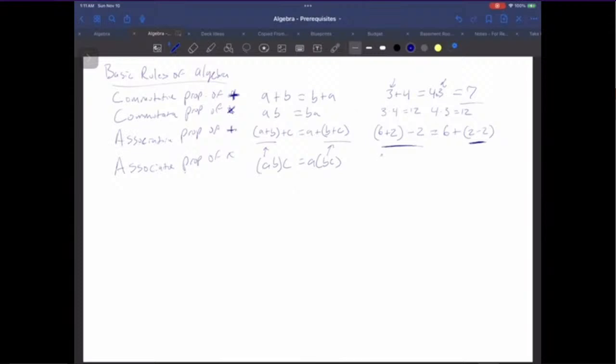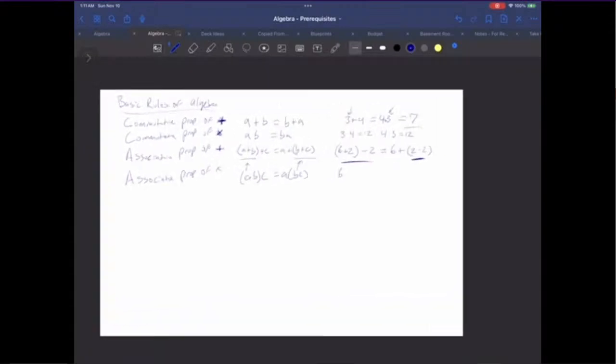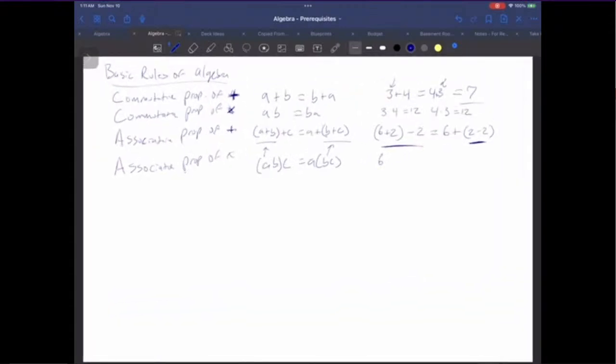You have 6, sorry I got hair on my screen, times 2 times 1/2 is going to be the same as 6 times 2 times 1/2. And the 2 times 1/2 will magically cancel out and become a 1. That's a times. And then you end up with 6. Very, very important property of algebra, or rule of algebra, is the distributive property.